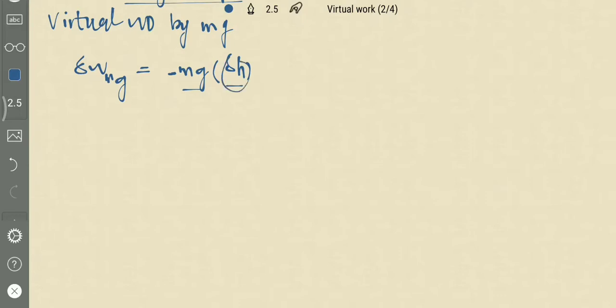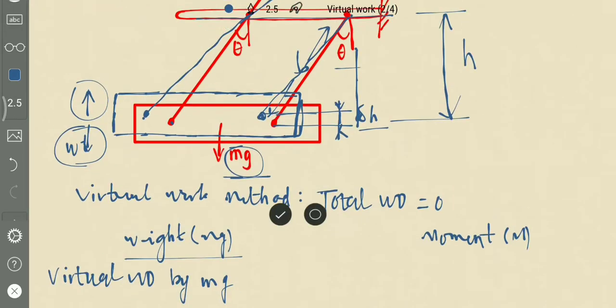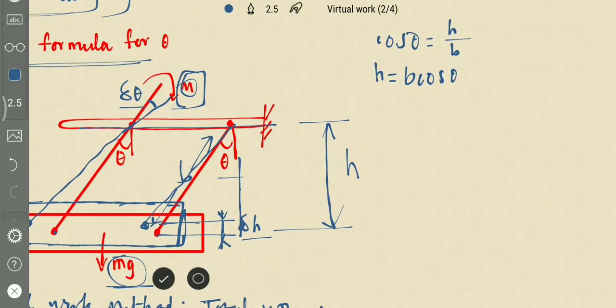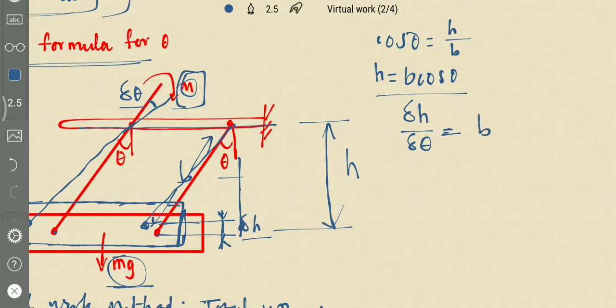So what is the value of delta h? We have got that h is equal to b cos theta. Differentiating this with respect to theta, b is constant and the differentiation of cos theta is minus sin theta. So delta h is equal to minus b sin theta delta theta.